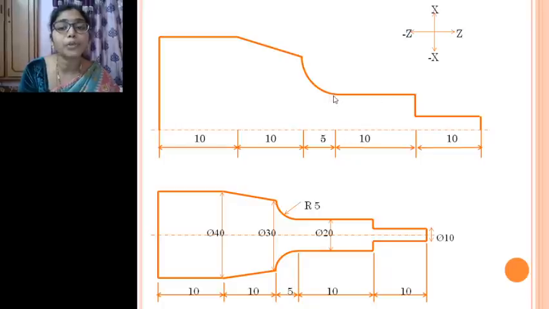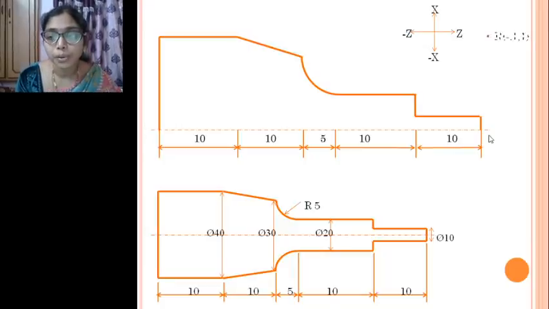So first we have to define the coordinates of these different points, in terms of diameter. Whether we are writing for a half section or a full section, we write in terms of diameters, not the radius.